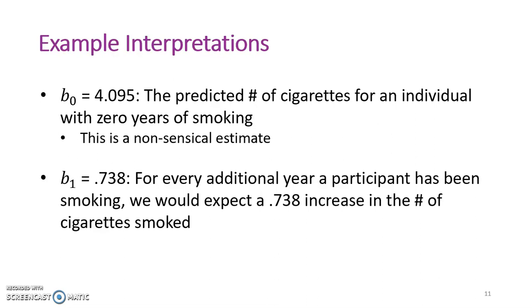Everyone in our study has been smoking for more than 0 years because everyone is a smoker. It's a smoking cessation study. So in our example, this is a nonsensical estimate, right? We don't care about the predicted number of cigarettes per day for an individual with 0 years of smoking. It makes no sense. It's impossible. But that's how we would interpret it in this example.